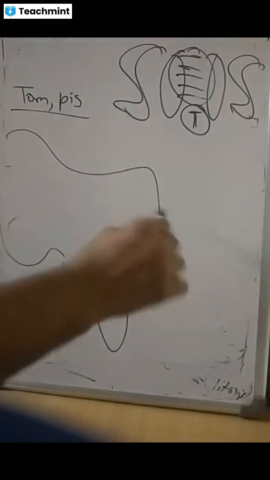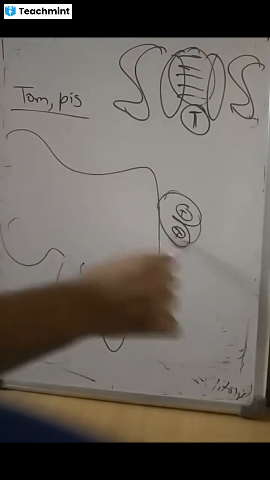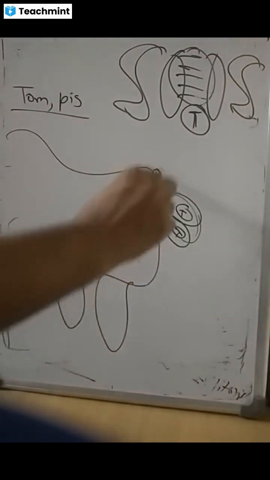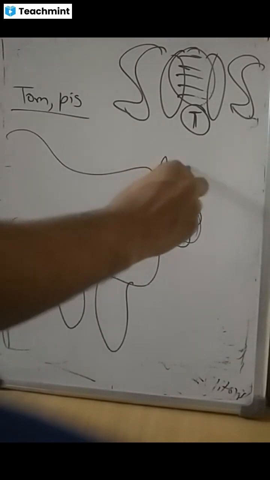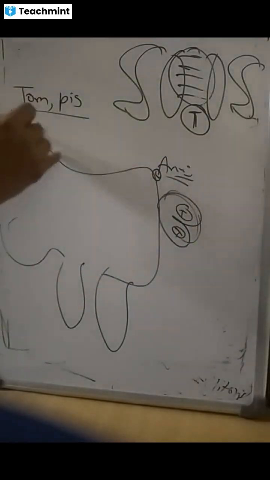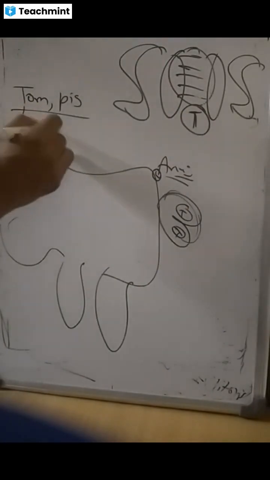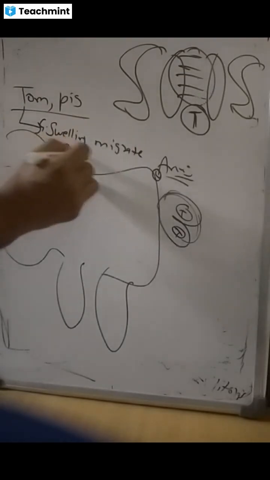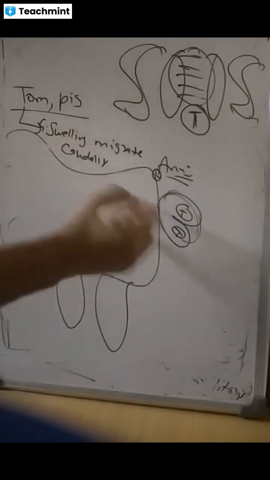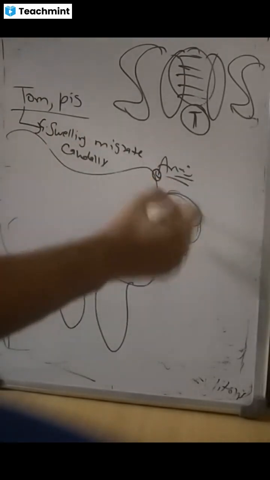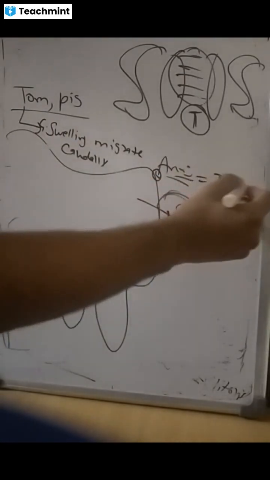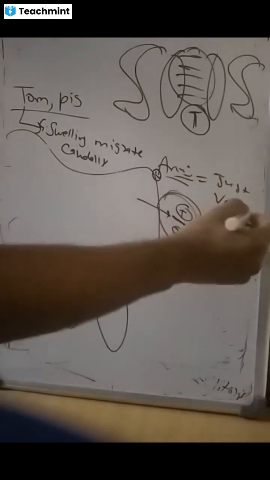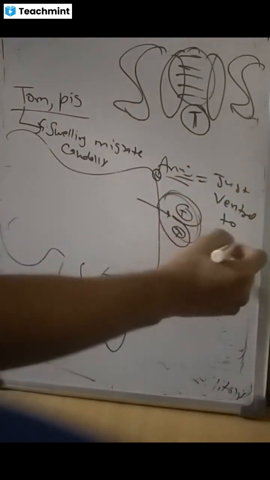In these animals, the scrotum is present just beneath the anus. It means the genital swellings migrate caudally, and the scrotum is present just ventral to the anus.